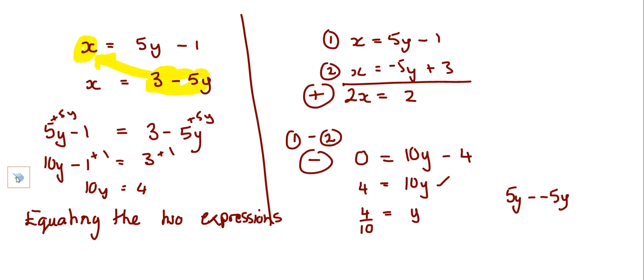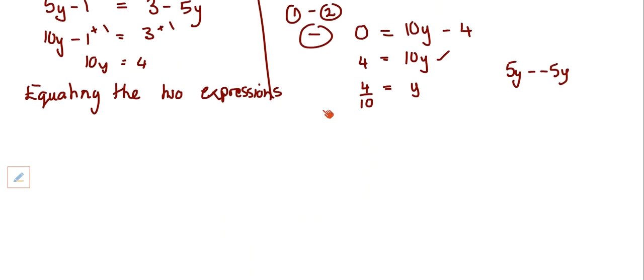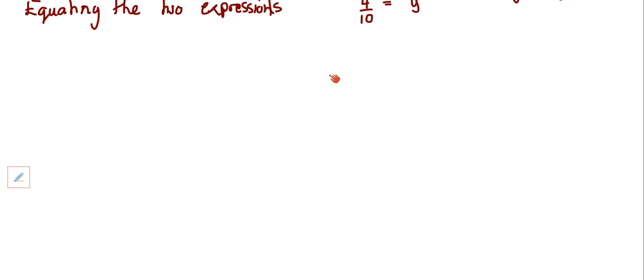Now, I guess what I wanted to look at is, when do you decide which method to use? So, for instance, if I've got 5x minus 2y equals 17, and I've got 3x minus y equals 9.